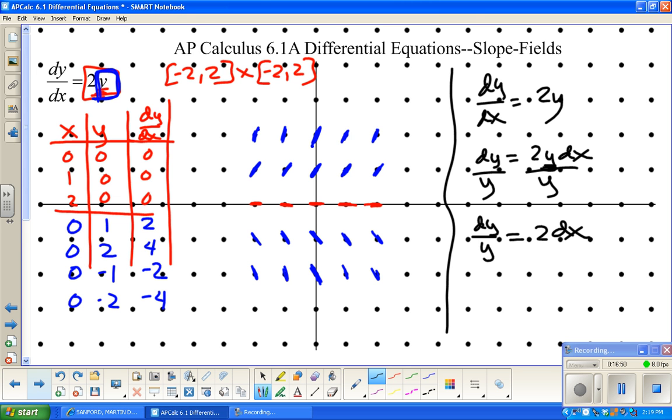This black is probably blending with the black, so I'll switch. Okay, well, I'm going to do the antiderivative of both sides. And on the left side, this is probably not obvious because we've only worked with this a little bit, but here it is.